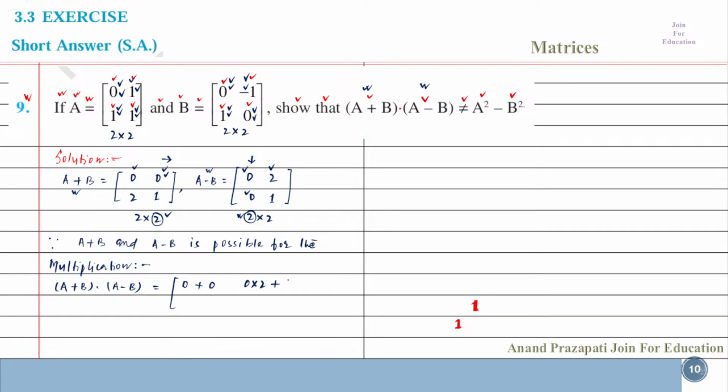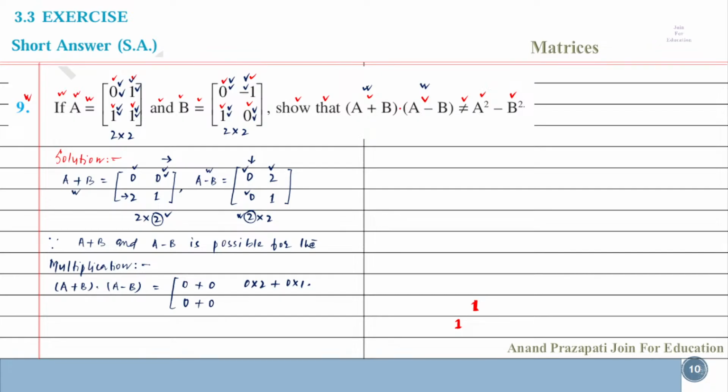Of that there is no problem to understand up to this step. Similarly, we repeat for the second row. It means that 2 into 0 equal to 0, and 1 into 0 equal to 0.